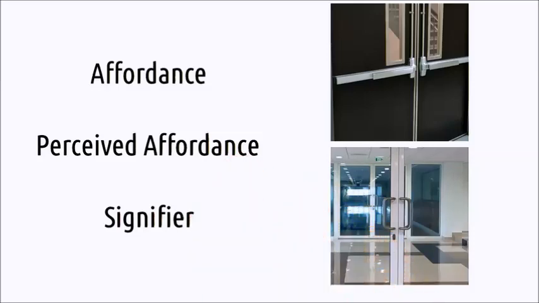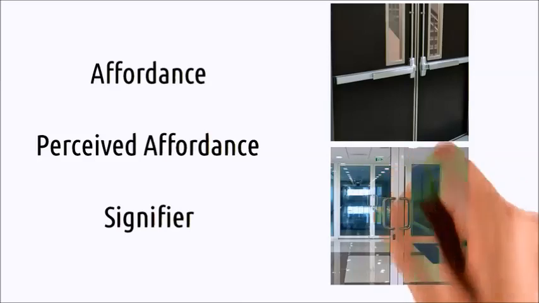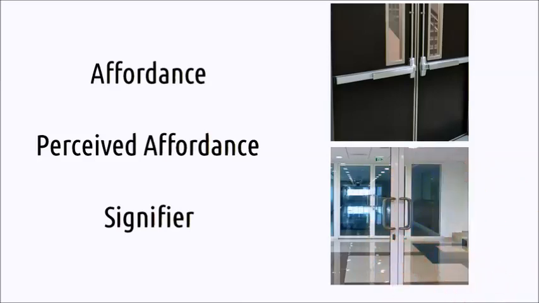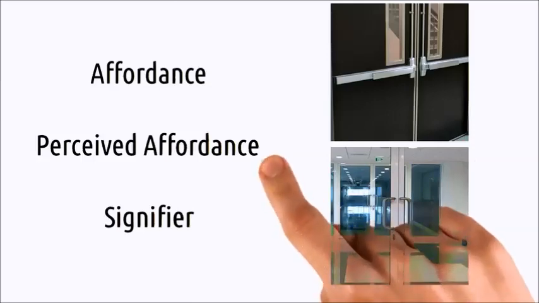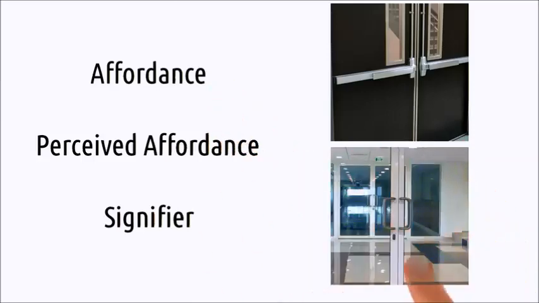Norman famously complains when doors that are actually meant to be pushed have a handle like this, which looks like it's supposed to be pulled. This is a place where a perceived affordance and an actual affordance are in conflict. The user perceives that this door is meant to be pulled, but the actual affordance is for it to be pushed. Or to be more precise, the actual affordance is that the door opens inward based on these hinges.